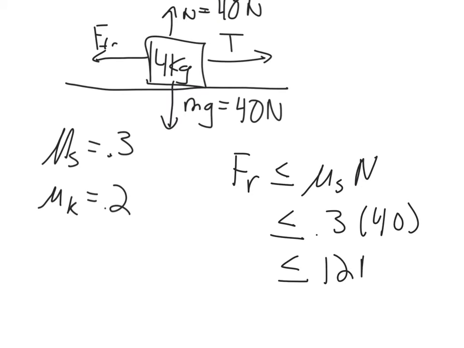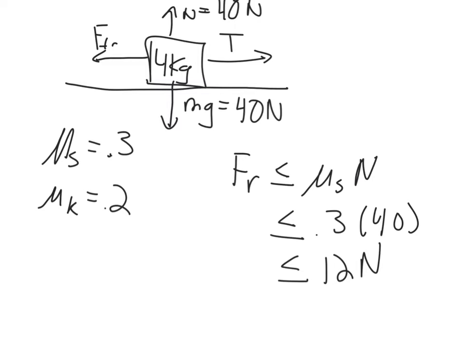Yeah, 12 newtons. That is the most our friction force can be for static friction. It can be less than that, and oftentimes it will be, but the most it can possibly be is going to be 12 newtons.